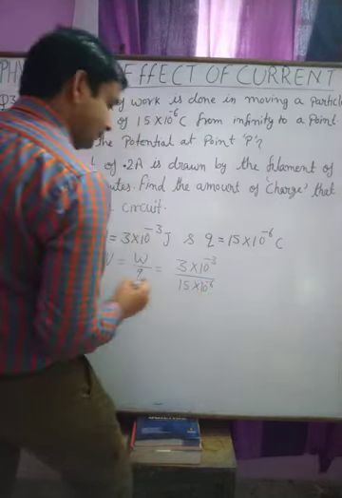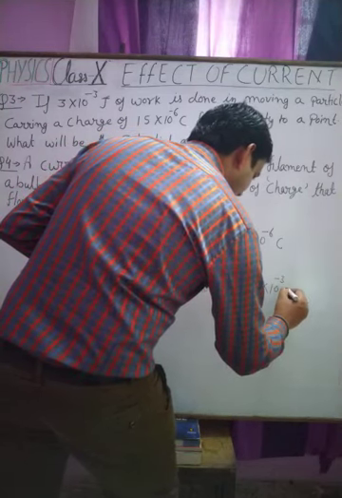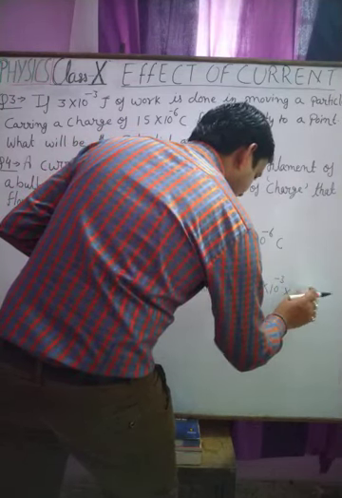So this 15 is cancelled, this value is 0.2 times, and on solving this we get 0.2 into 10 to the power minus 3 into 10 to the power plus 6.